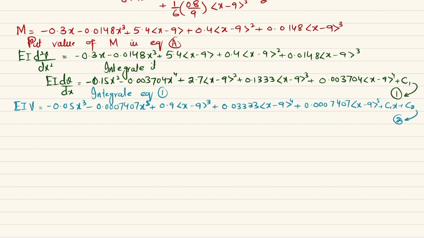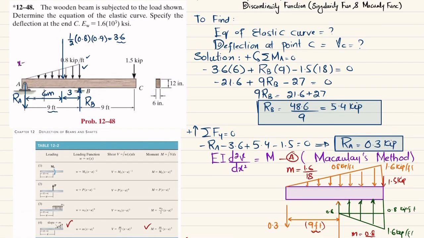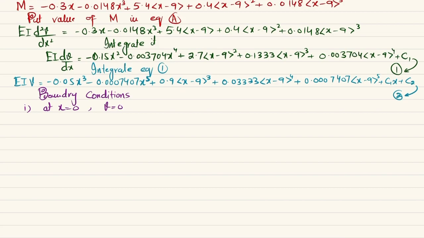Now c1 and c2 are unknown constants, and by using boundary conditions we will find these two, C1 and C2. So what are the boundary conditions? The first boundary condition is that at x is equal to 0 we have deflection equal to 0. You can see at x is equal to 0 the deflection is 0 because there is a pin support at point A. So we put this in equation number 2.